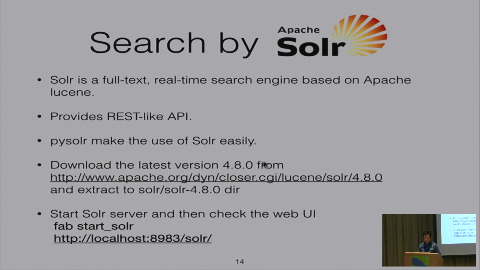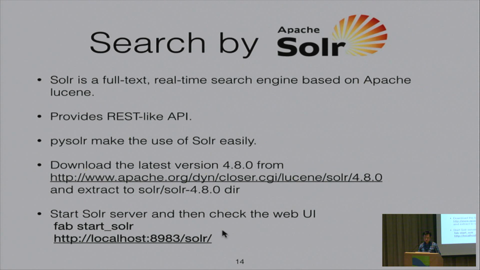You can just download the latest version of Solr and extract it under the Solr directory in the repository, and then you can run the Fabric command I provided to start a Solr server.